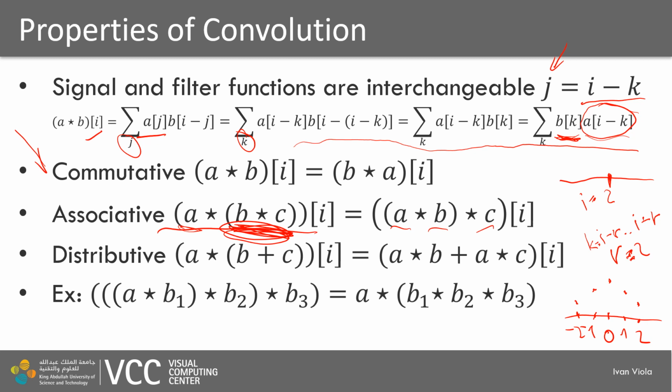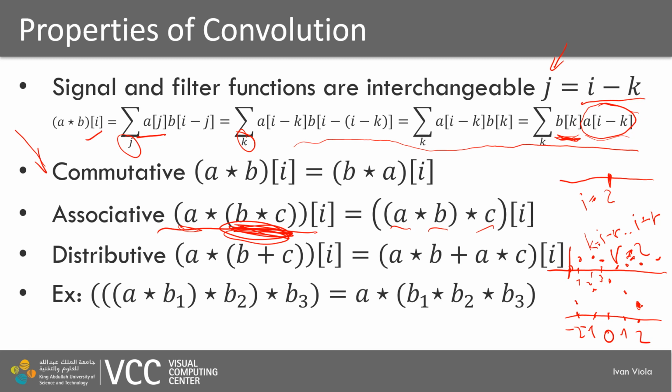So i is 2 minus k, which is 0, so this is 2. So we will be taking this sample and weighting. Let's say b is a signal and it goes 0, 1, 2, 3, and so on.